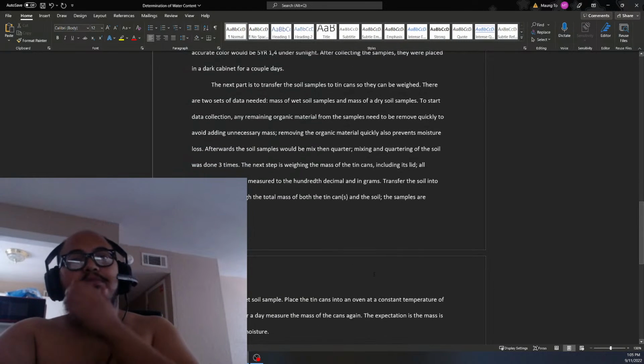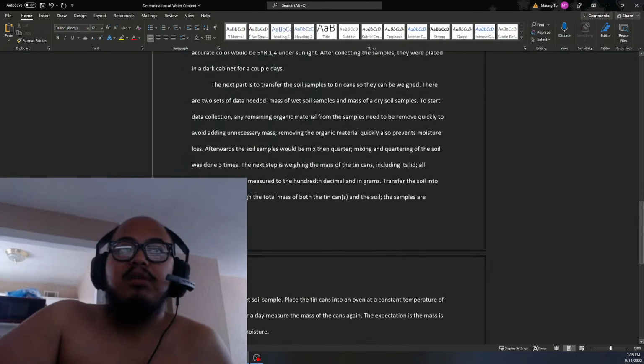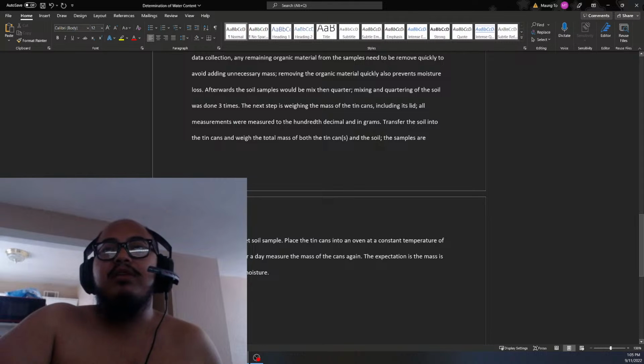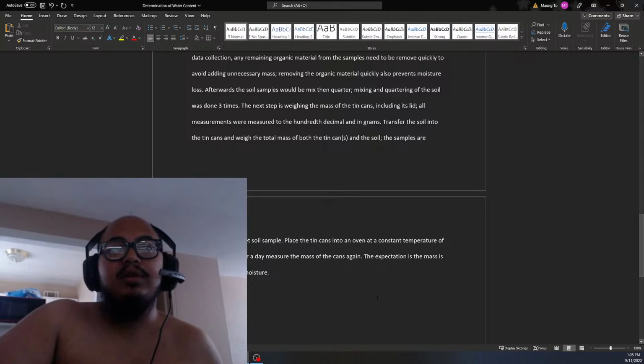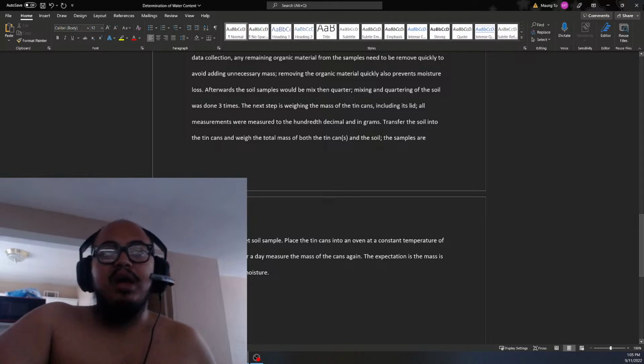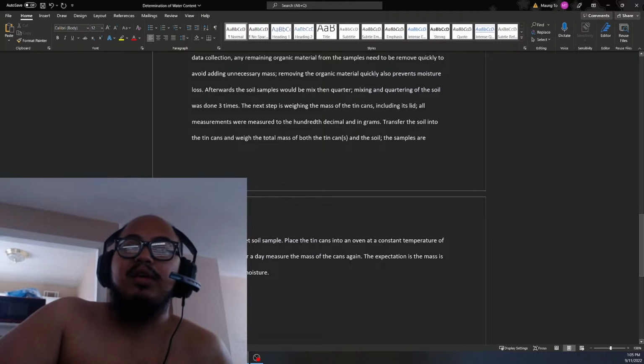The samples are considered the wet samples. Place the tin cans into an oven at a constant temperature of 110 Fahrenheit. After a day, measure the mass of the cans again.